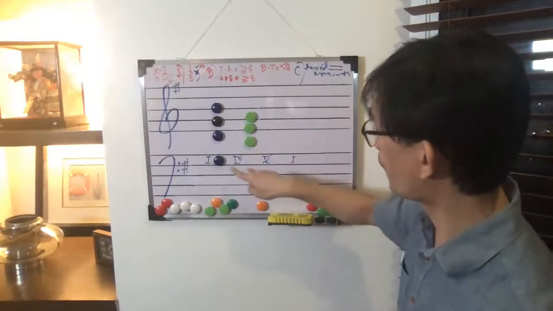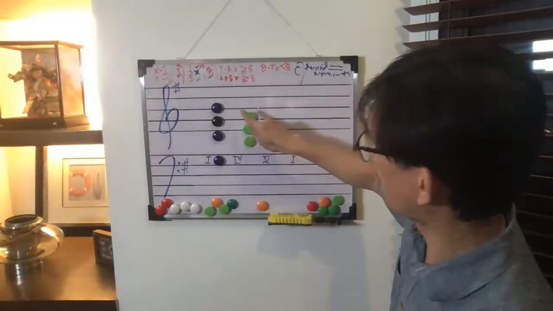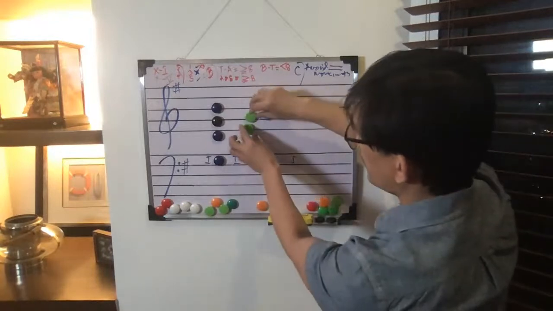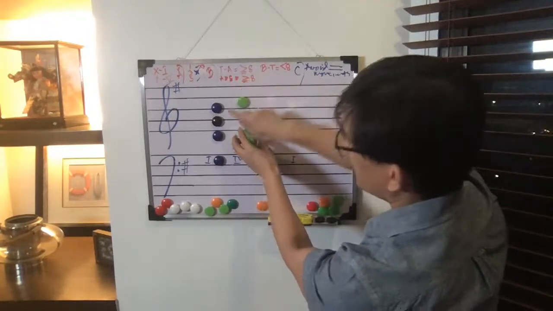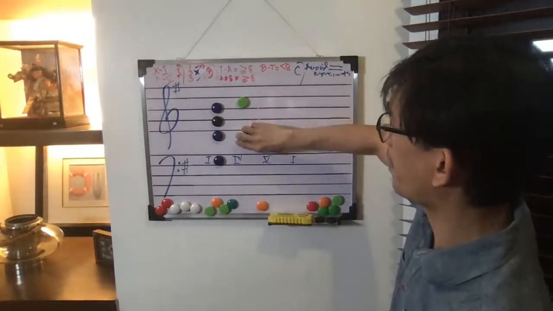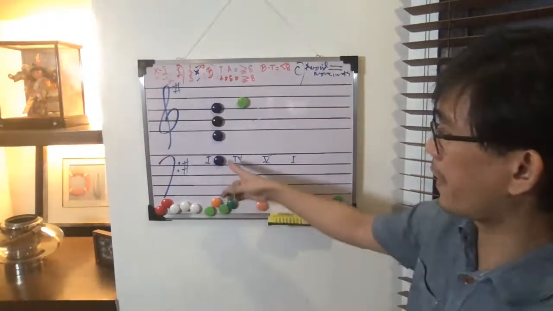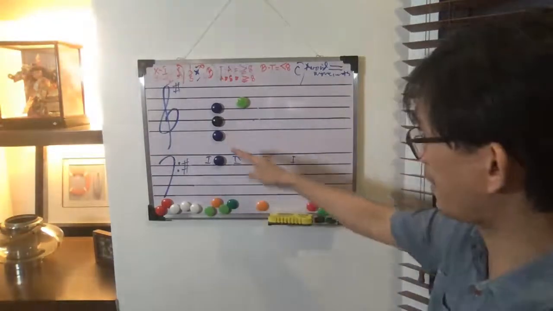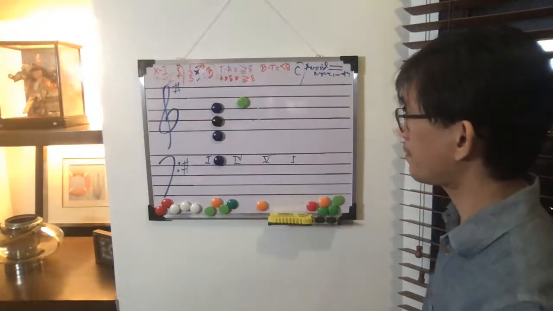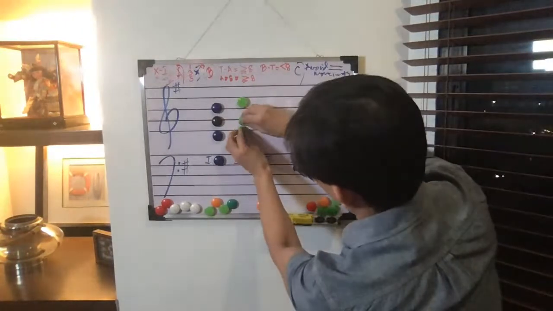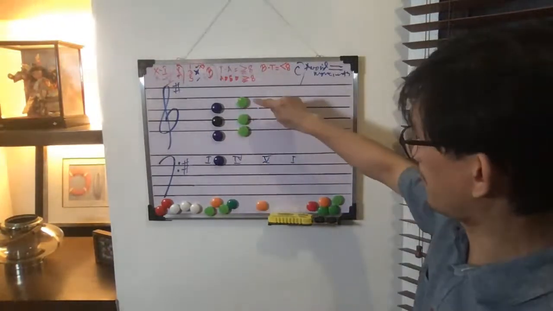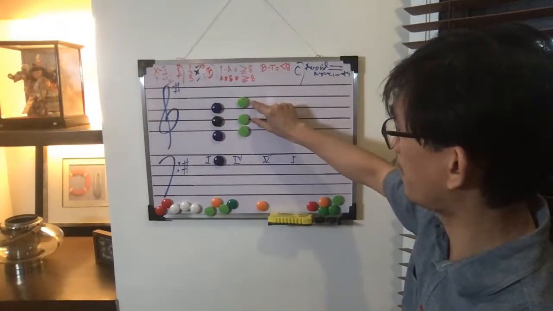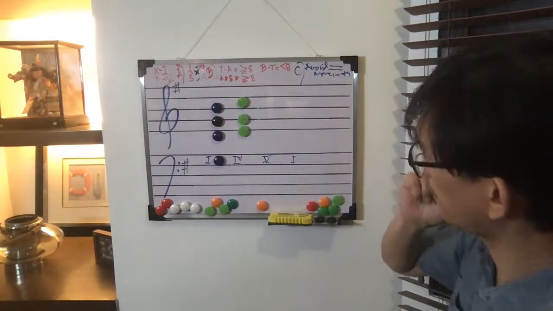So now, where do we want to go? I would say, why don't we start here this time? The soprano went up. Therefore, where would the bass go? It has to go down. So what are the notes? These are the remaining notes. And you can still double that or that. These two can be doubled.